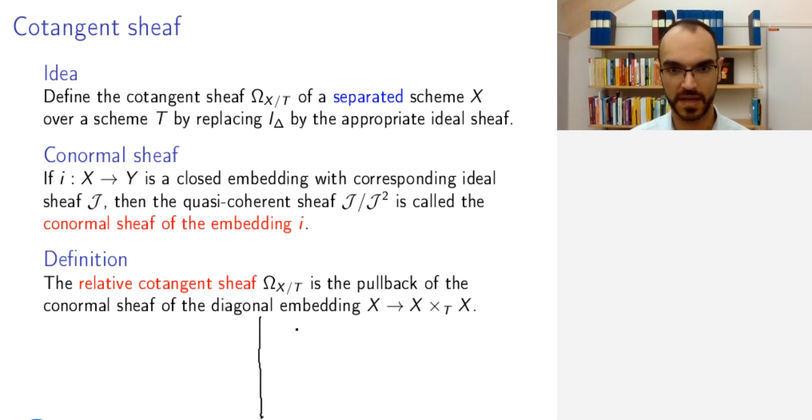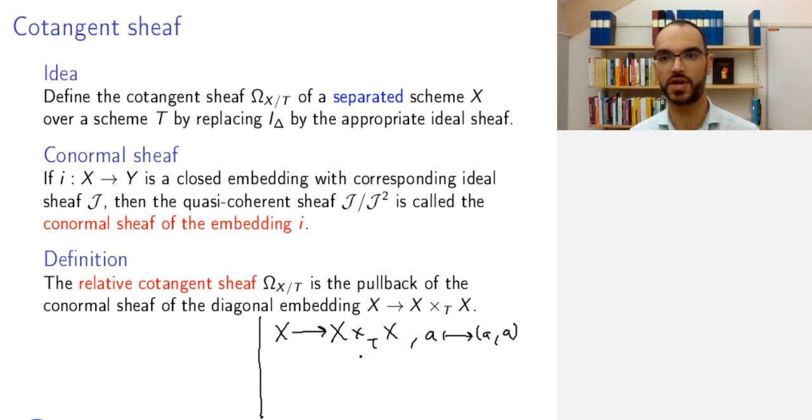So we have X embedding into the fiber product simply by mapping a to (a, a). So this is the product of the varieties over K if you're working with varieties. And since the scheme is separated, for example, if you have a variety, then this is a closed embedding. So it corresponds to an ideal sheaf, J.